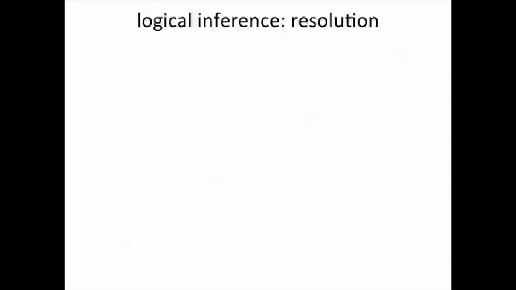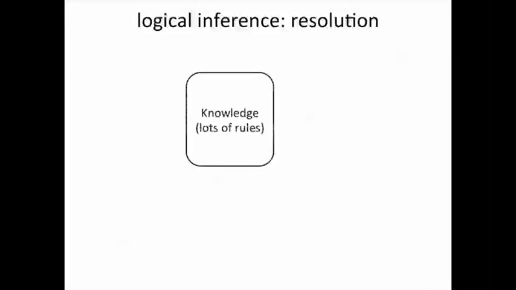Let's take a closer look at what it means for a system of knowledge with a bunch of rules to be able to answer a query Q using the process of resolution.